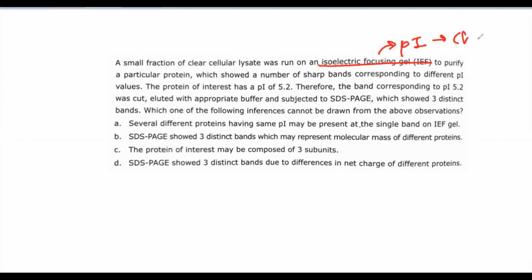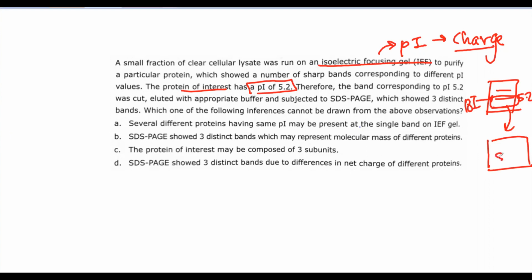That is, based on the charge this separation is carried out, which showed a number of sharp bands at different pI values, out of which our protein of interest had a pI of 5.2. So they cut that. Imagine this was the isoelectric focusing gel and they had many bands. Out of this, one, the protein of interest, POI, had a pI of 5.2.